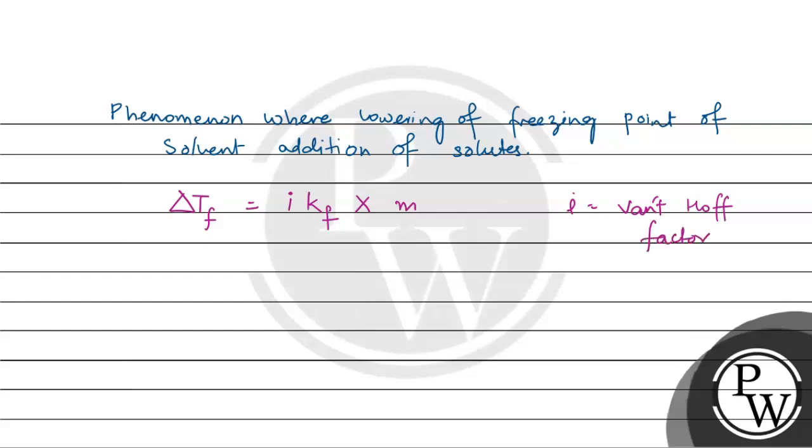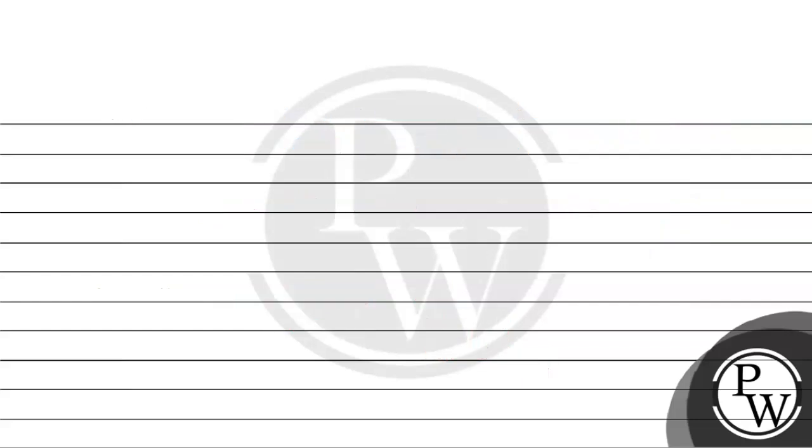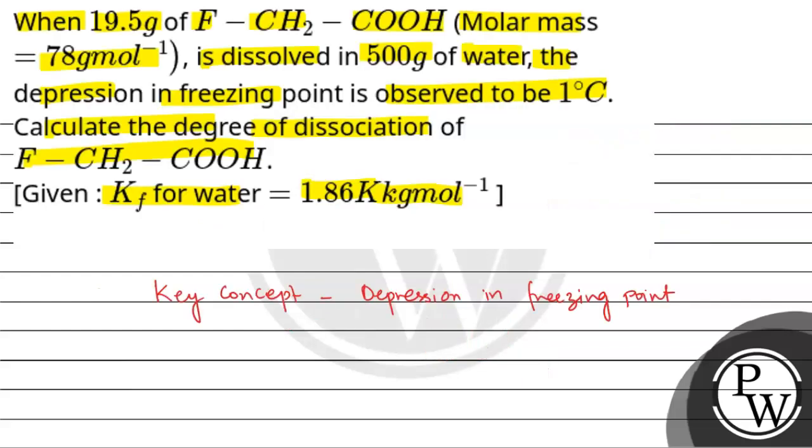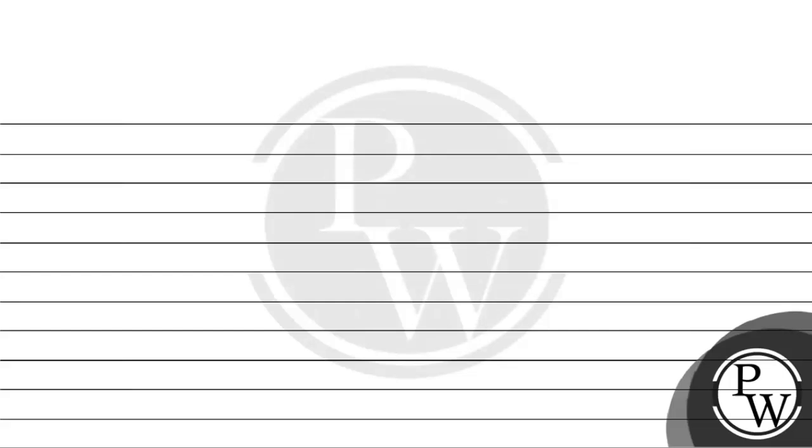So in the question, to find molality, molality is equal to given weight upon molar mass into 1 upon weight of solvent in kg. So we put in the values; in the question 19.5 gram is given.